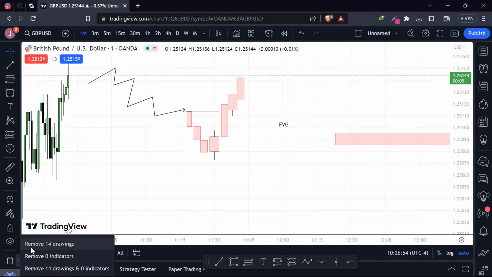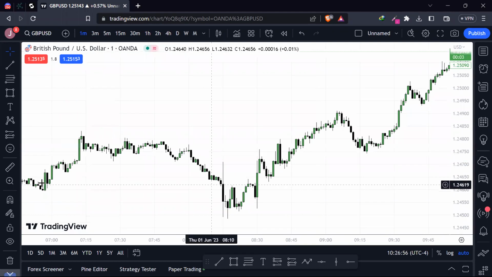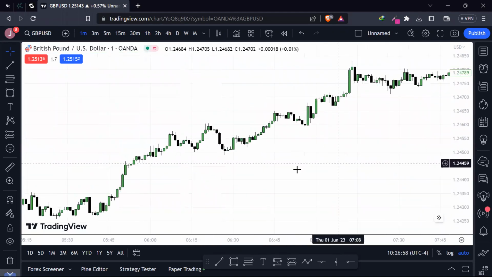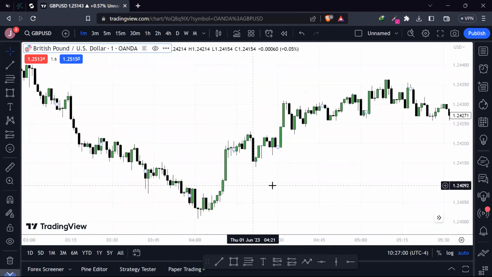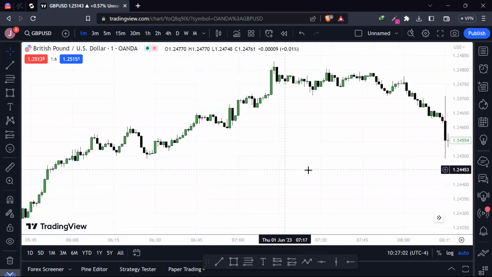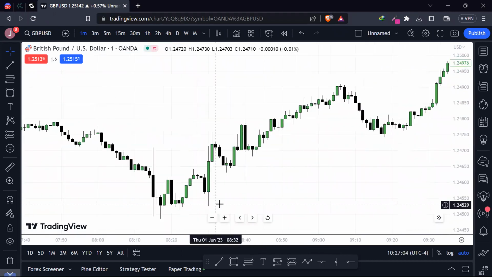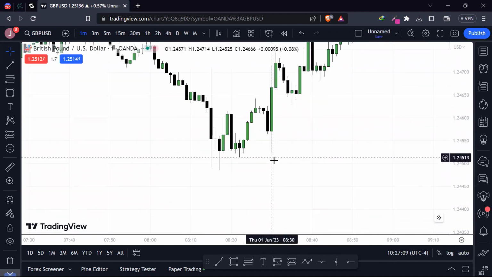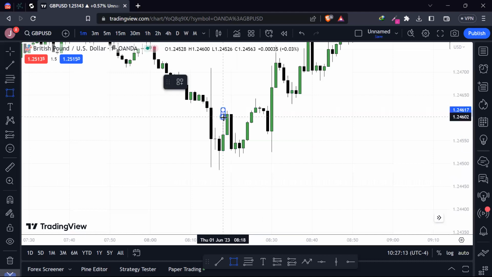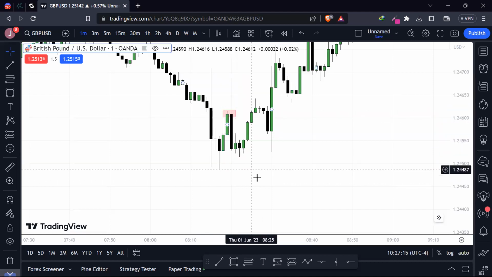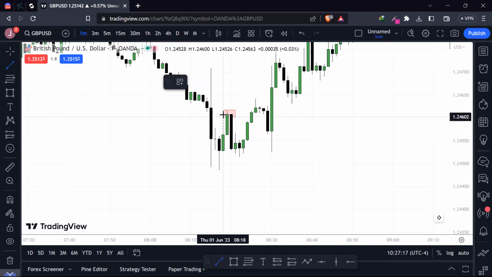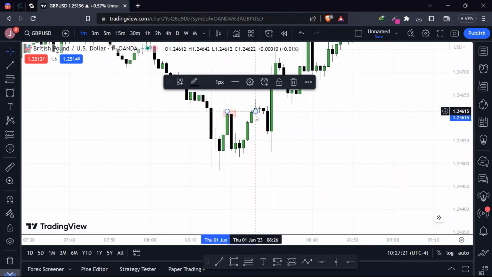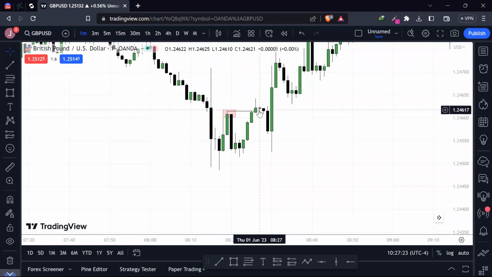I'll show you in the charts now. Let's see. You can see right here, this is the swing high. Price breaks this swing high with this green candle right here.